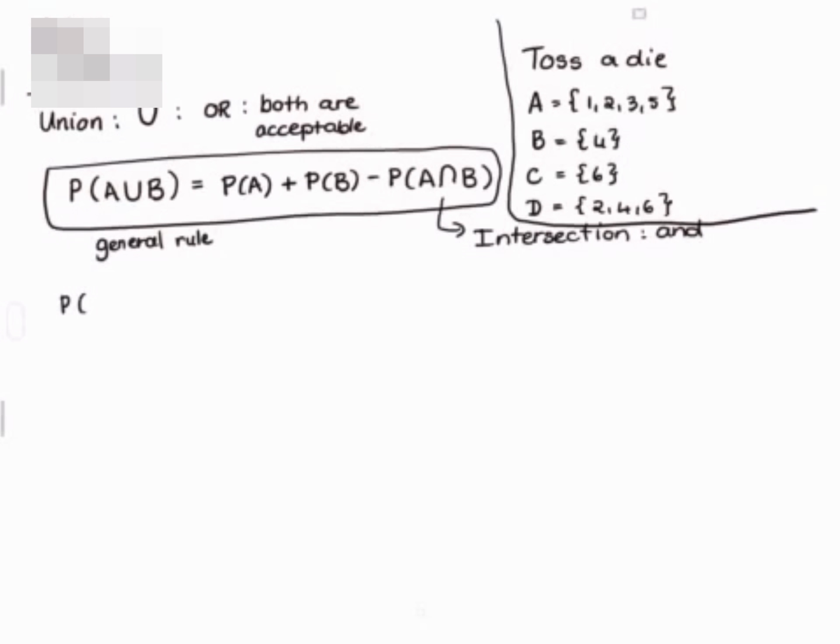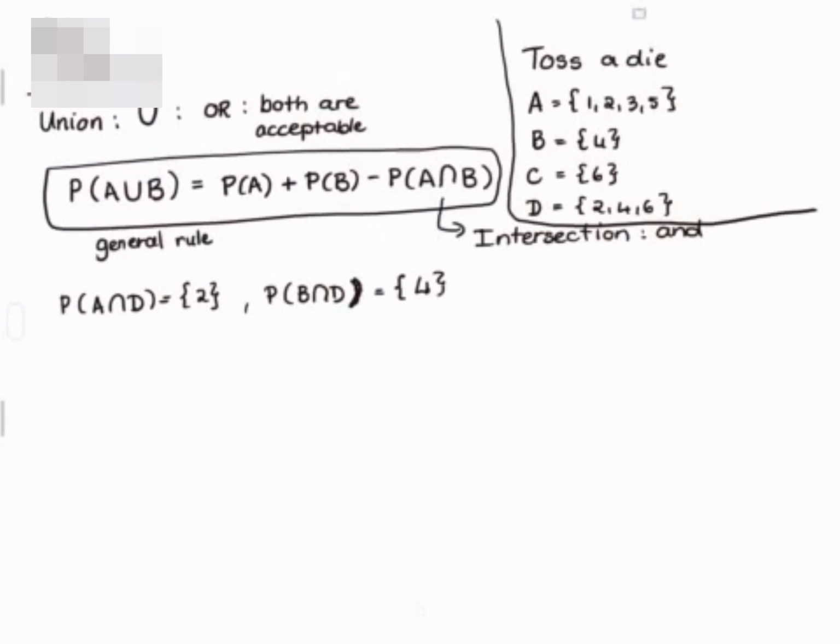Let's maybe just do a few of these first. Intersection of A and D, which outcome lies in both of them? A 2. The intersection of B and D, round bracket, the curly brackets are your outcomes.